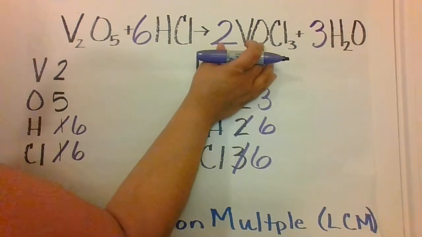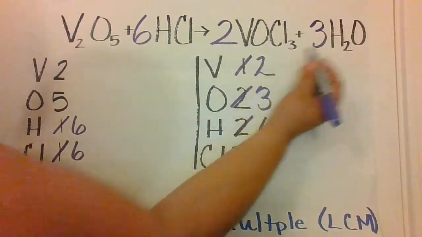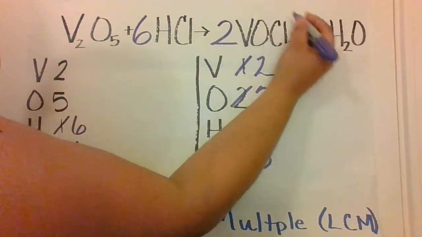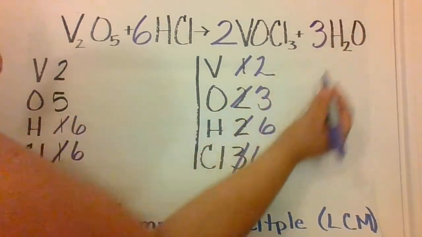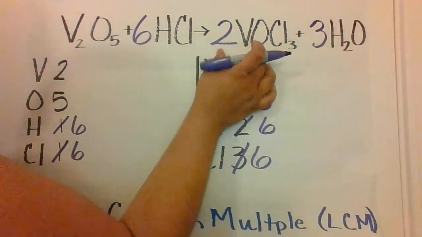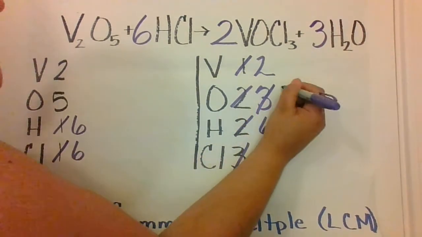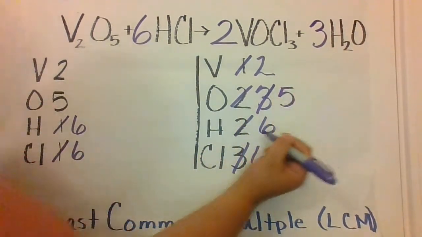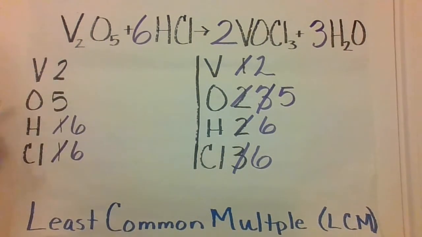So there's 2 and 3 because that 2 was distributed to each element in that first compound, and the 3 is distributed to each one in that second compound. So 2 oxygens and 3 oxygens will give us a total of 5. And there we have a balanced chemical equation.